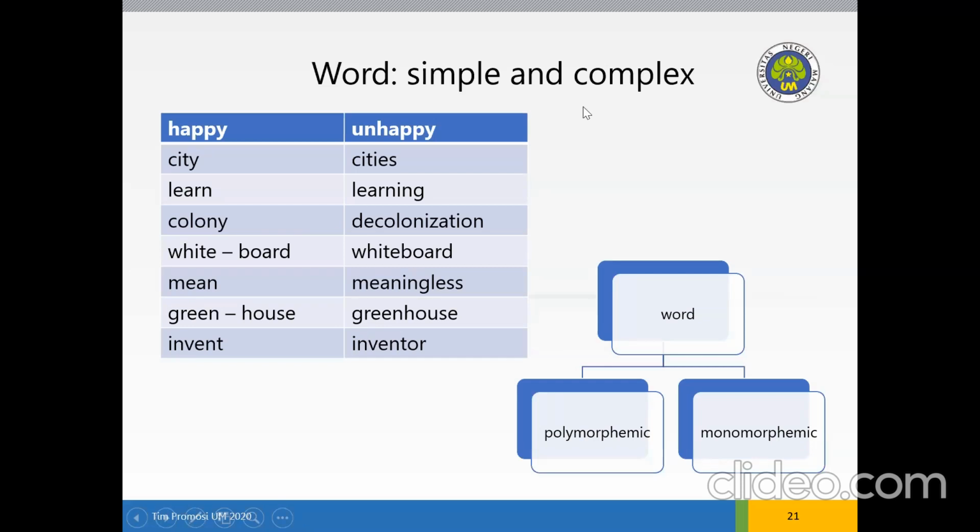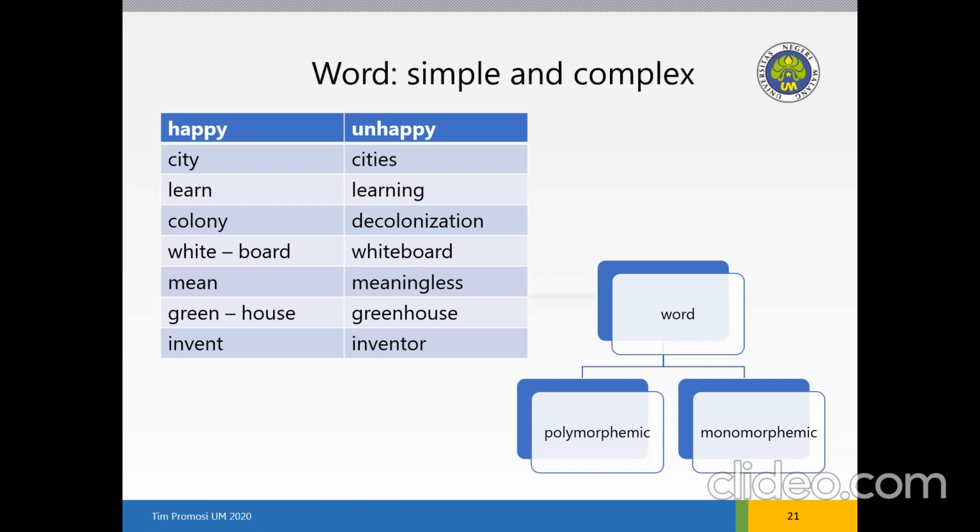Okay, so now let's see word simple and complex. If you see the picture on your screen, you have word and then you have polymorphemic and monomorphemic. We start with the monomorphemic. So monomorphemic is a term used in linguistics to describe a word that consists of only one morpheme.